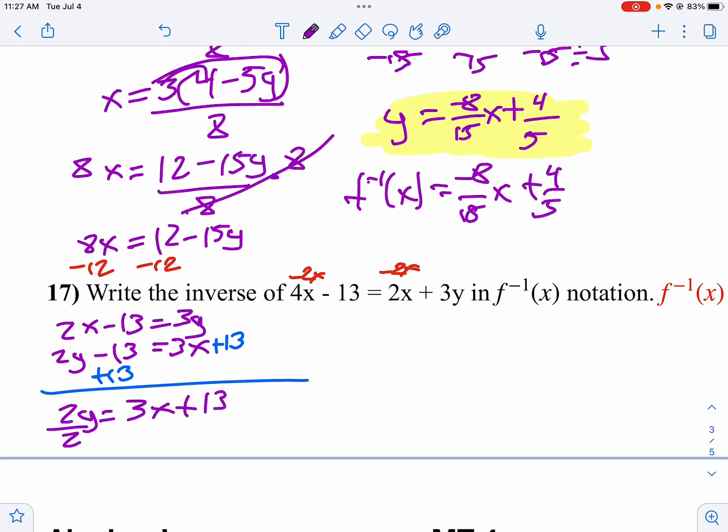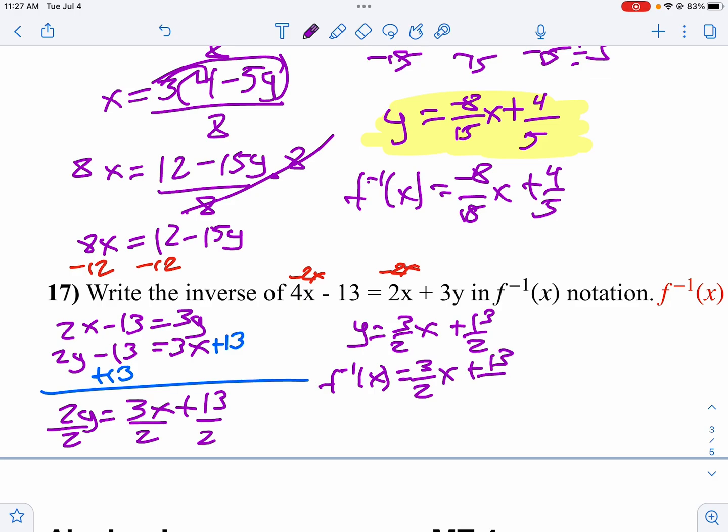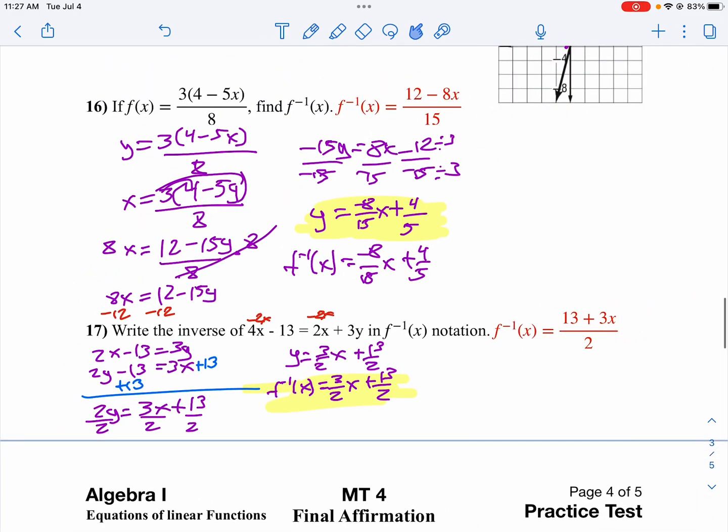I'll divide everything by 2. So y equals 3 halves x plus 13 over 2. And then instead of writing y, I'll write f inverse of x equals 3 halves x plus 13 over 2. And there's your solution. Is that the same as I had in red? In red, they put it as a common denominator. It's the same thing.